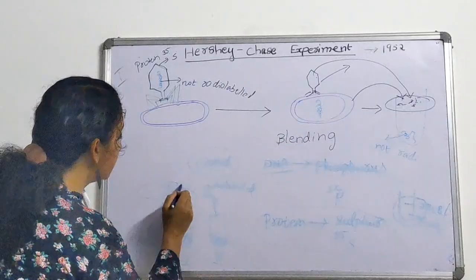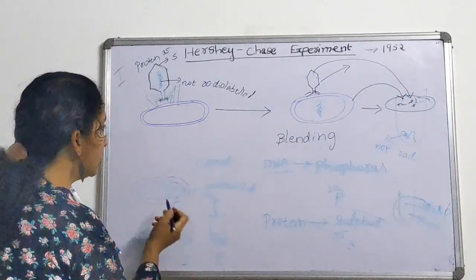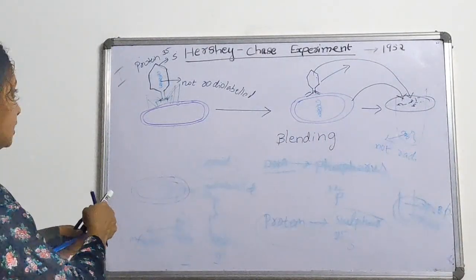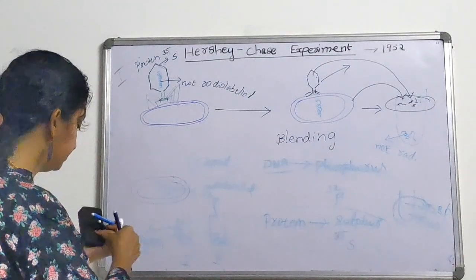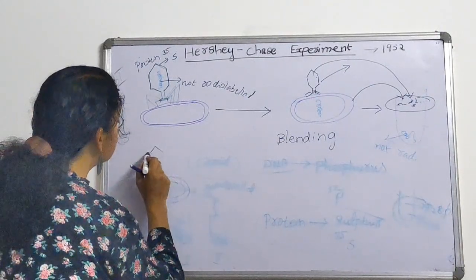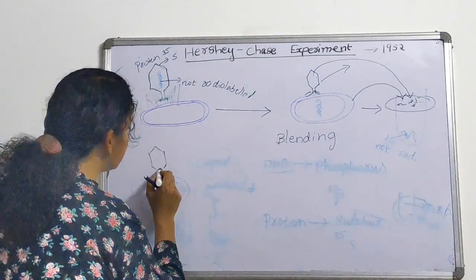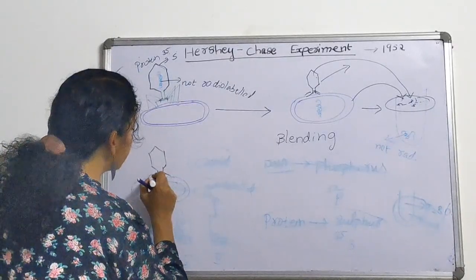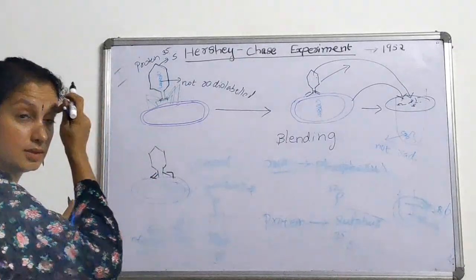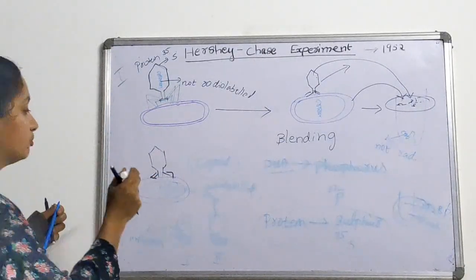Here the E. coli is there, and the same T2 bacteriophage is making the entry. Only the genetic material is going to make the entry.